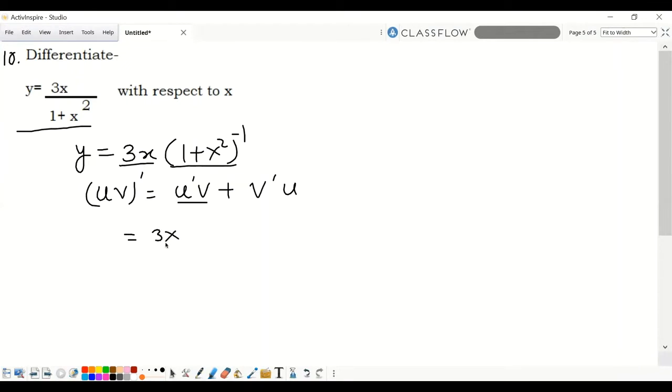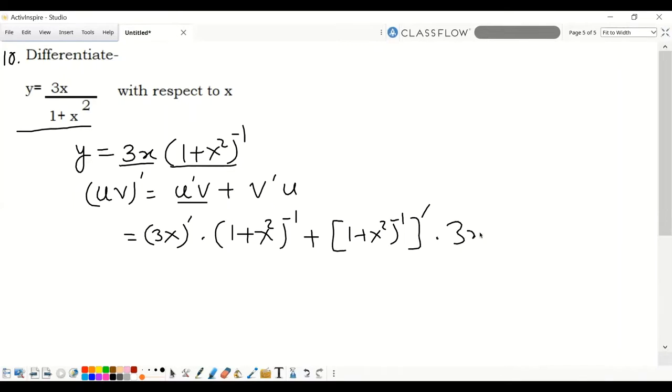So 3x prime multiplied by V, which is (1 plus x squared) to the power -1 without any change, plus the differentiation of (1 plus x squared) prime multiplied by U, 3x. Now the differentiation of 3x is just 3.